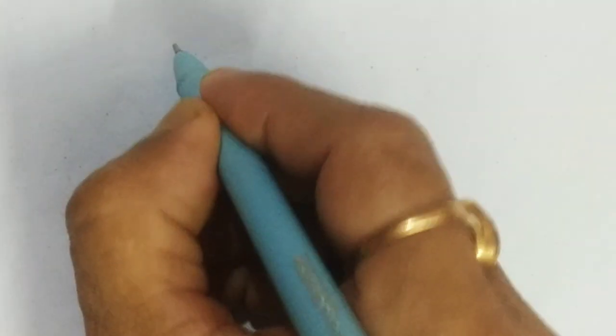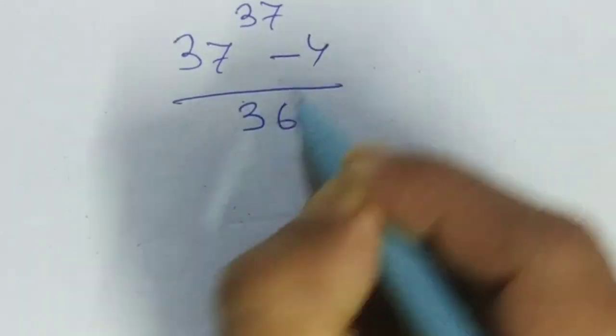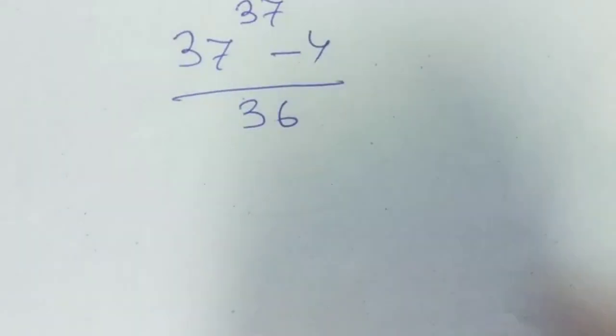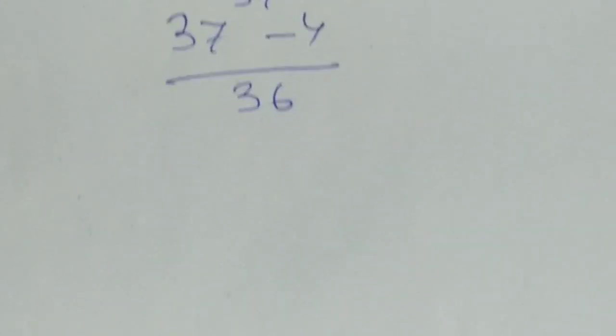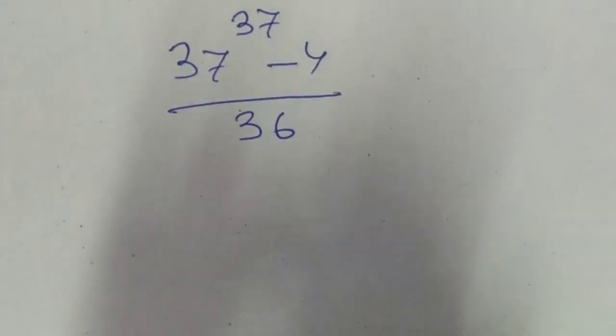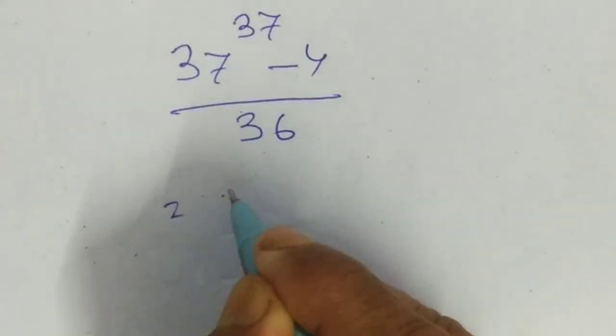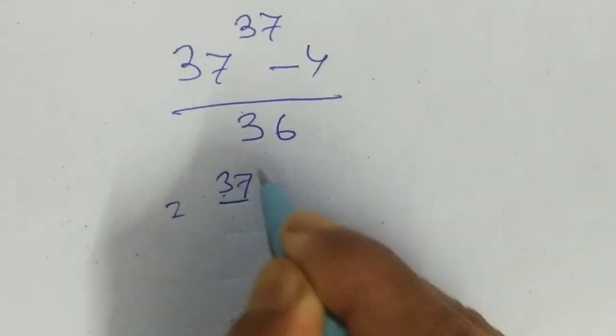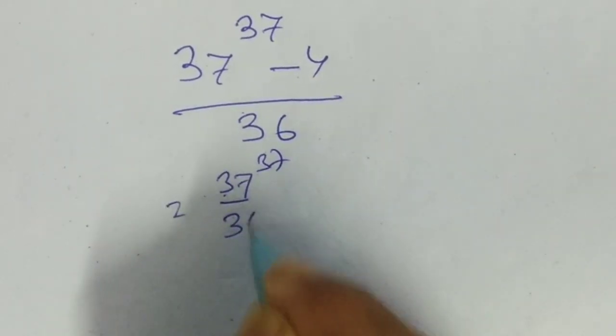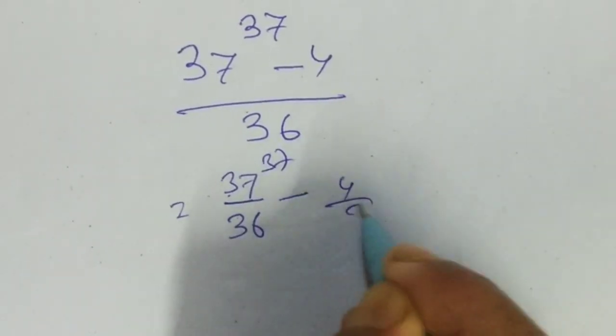Now if the question is like this, 37 to the power 37 minus 4 by 36. Here it is minus 4. So what to do? So write it like 37 to the power 37 divided by 36 minus 4 by 36.